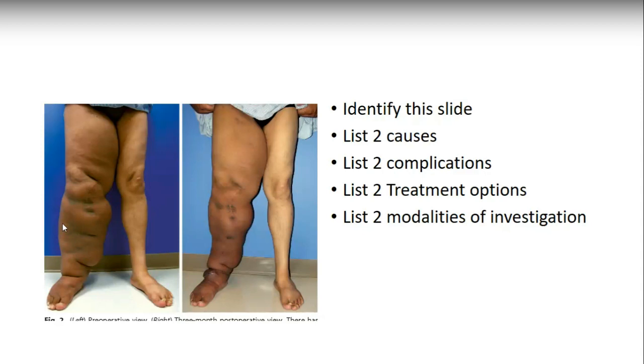So if you say elephantiasis, you are right. But this is stage 4 lymphedema. So the common terminology for stage 4 lymphedema is elephantiasis. So in that instance, you'll not be wrong. If you want to use elephantiasis, fine. You say it is right lower limb elephantiasis, but the proper term will be right unilateral lower limb lymphedema.